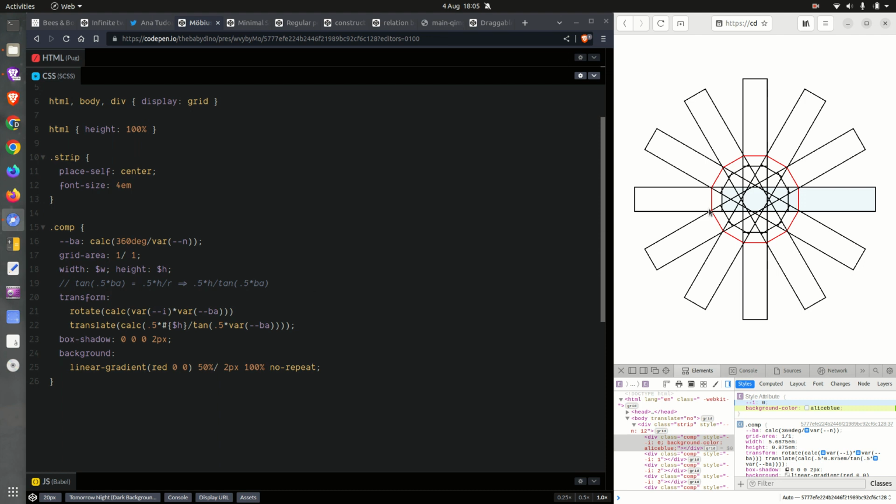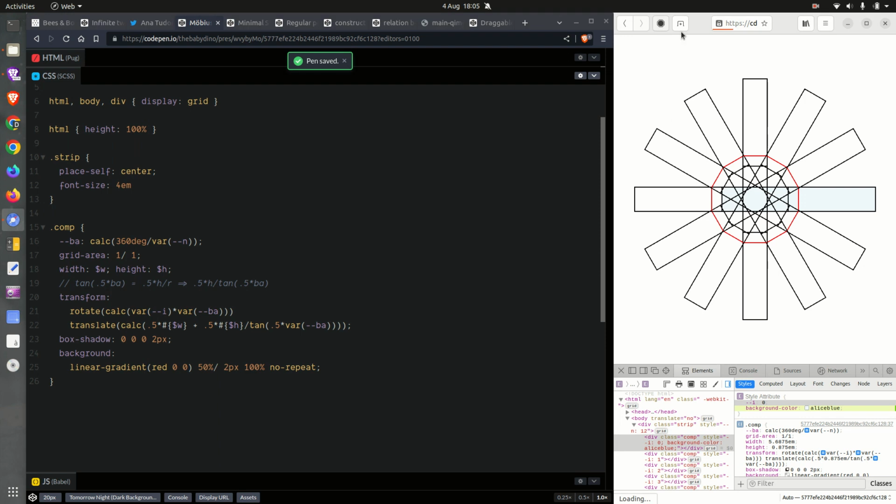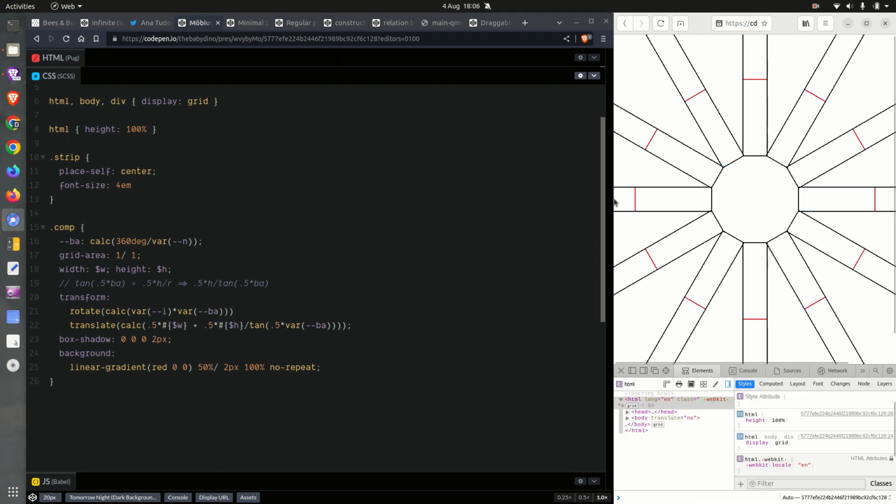So then we need to translate our component elements by half their width, because between the left edge and the vertical midline we have half the component width. So we need to add to this translation half the width. So like this, and if we refresh, you're going to see it.